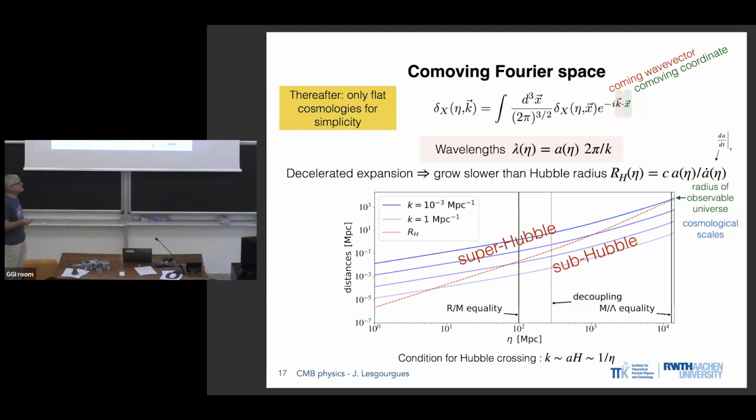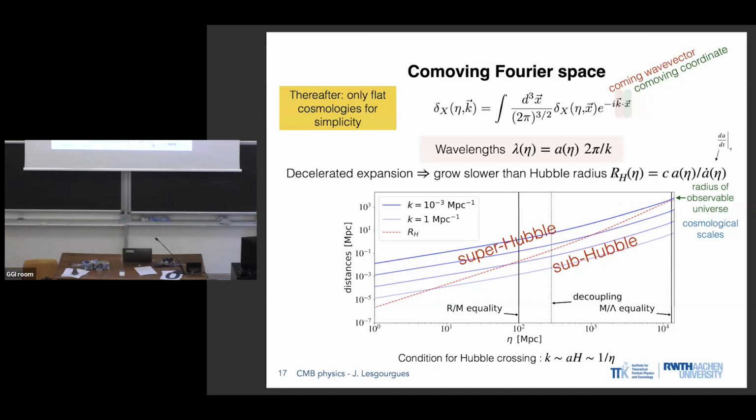So we are used to saying that the wavelength is 2 pi over k. Here, 2 pi over k is only the comoving wavelength. And to get the physical wavelength, we still need to multiply by the scale factor. And so we have this funny situation in which even when I look at a fixed Fourier mode, still its wavelength increases with time due to the expansion of the universe.